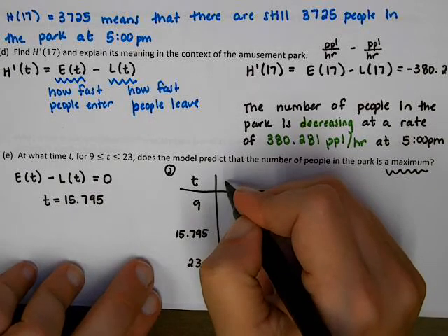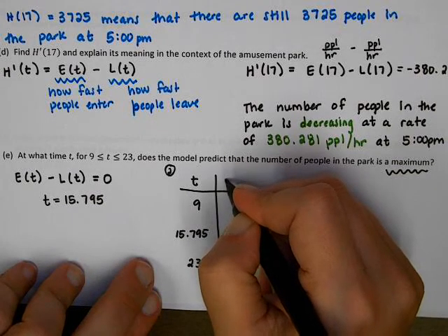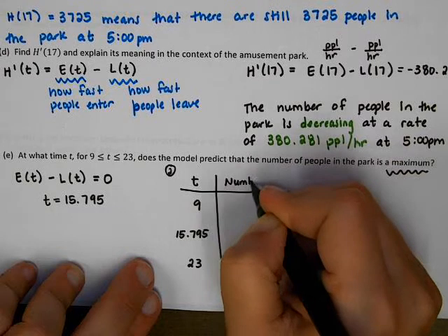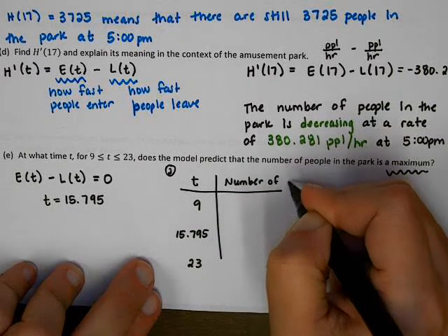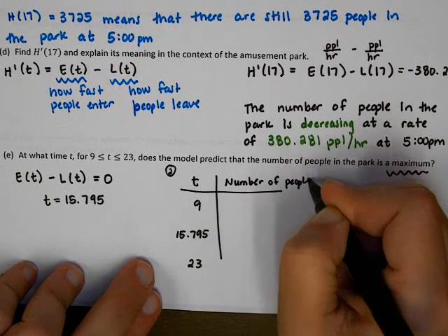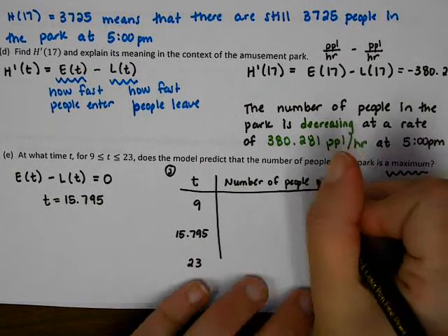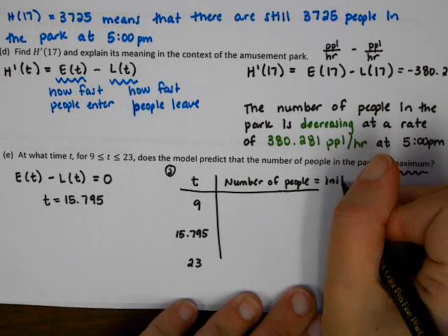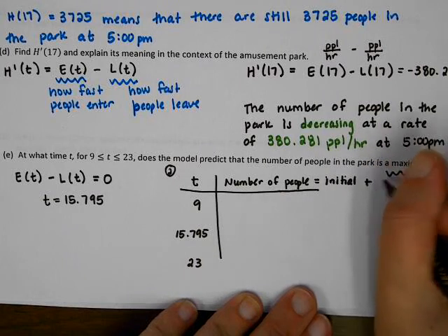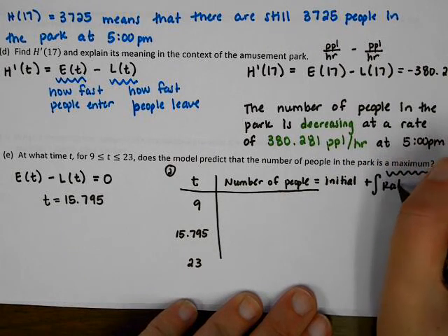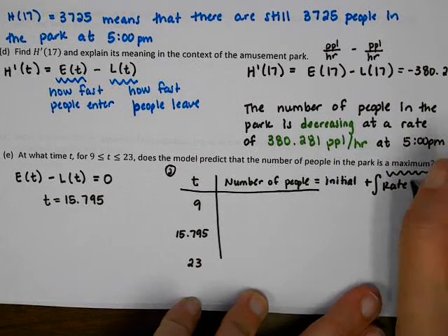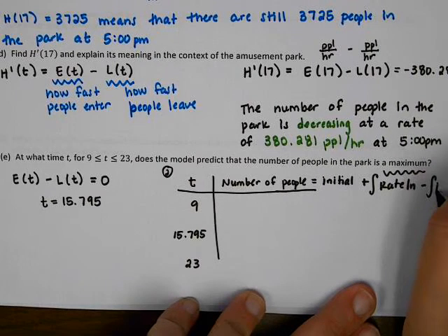And we need to calculate the number of people in the park. Now we said the number of people is going to be the initial plus the integral of the rate in minus the integral of the rate out.